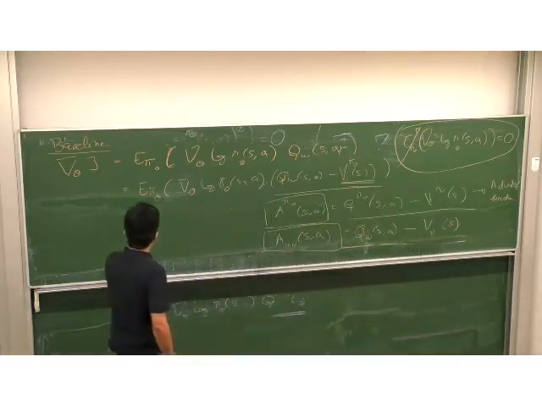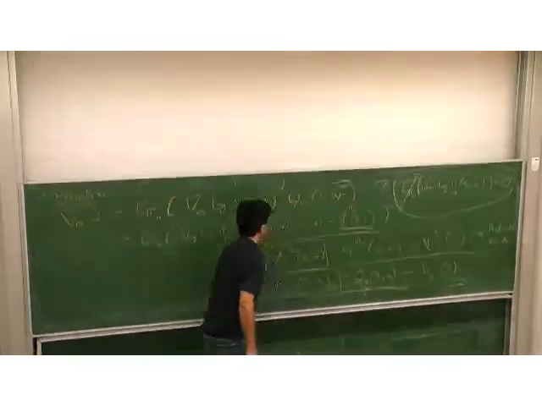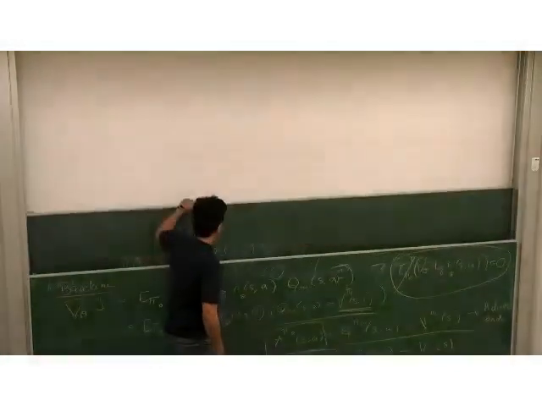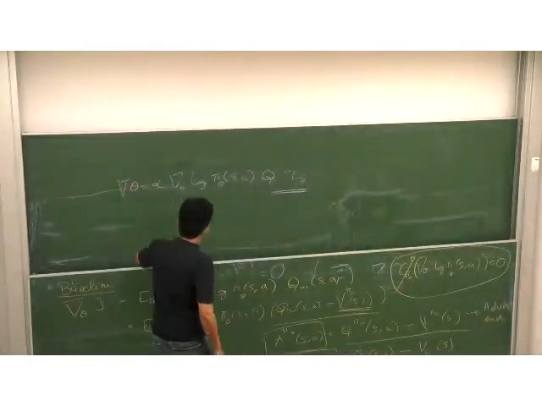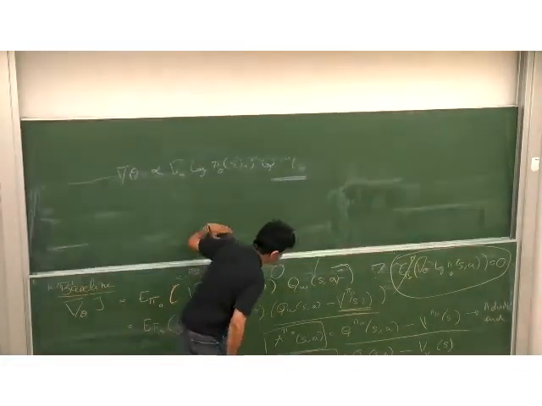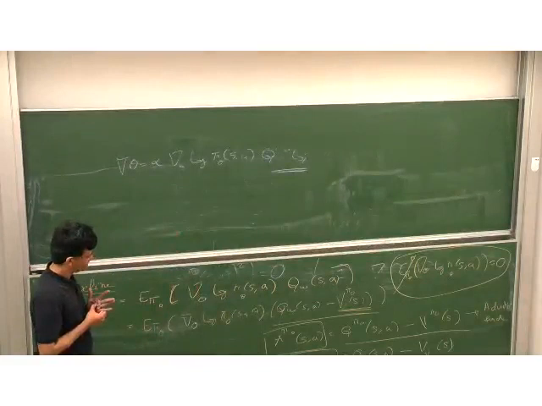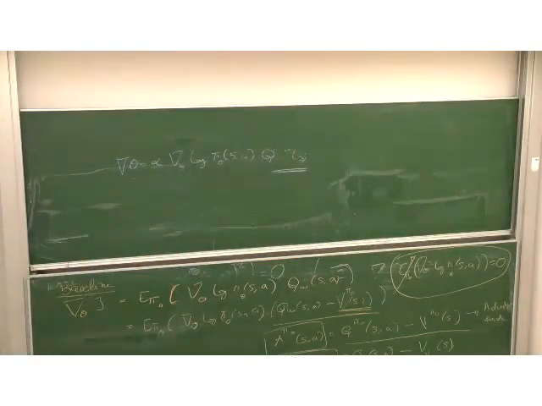Oh, I forgot to say something. So why does this reduce variance? Heuristically, it's clear why it reduces variance, but actually the mathematics is not so simple as far as I see.